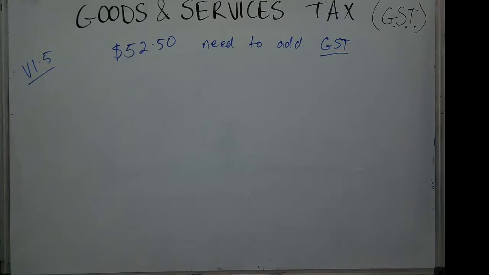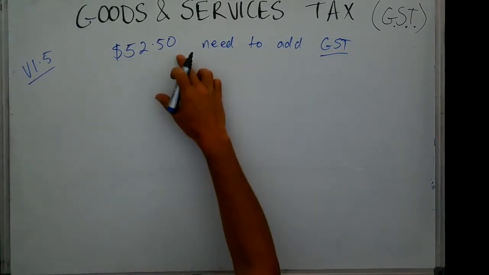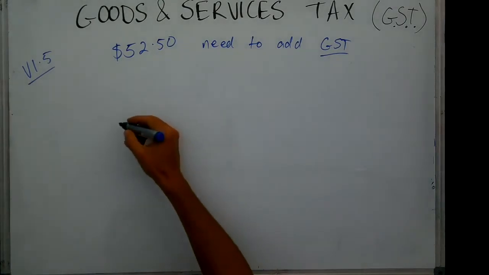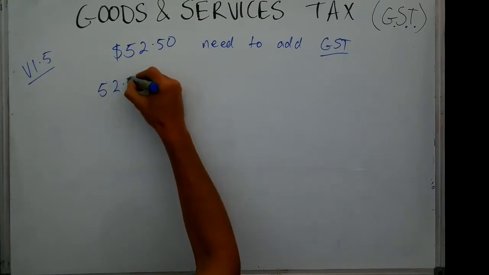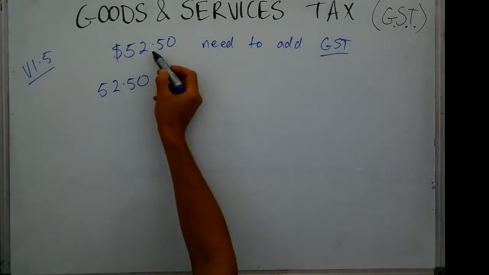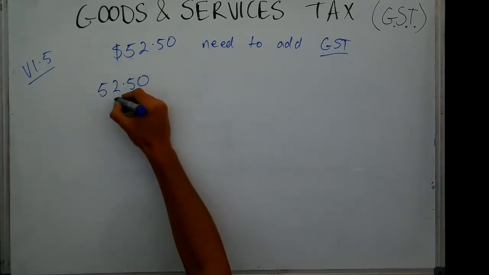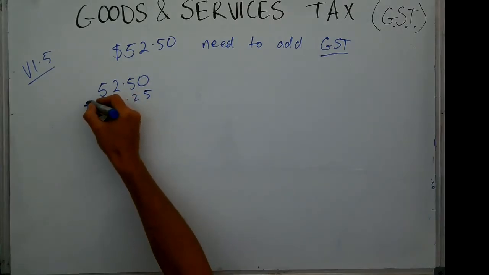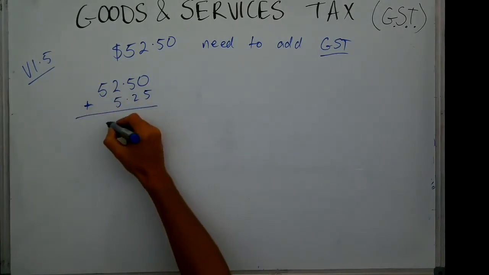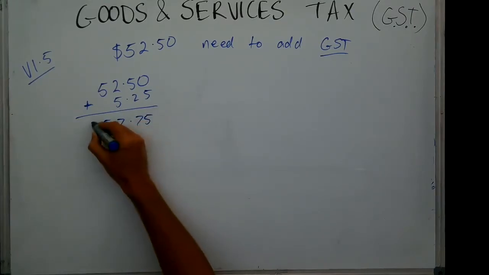So essentially we're adding 10% of this to itself. 10% of this, dividing by 10, is $5.25. Adding that gives $57.75.